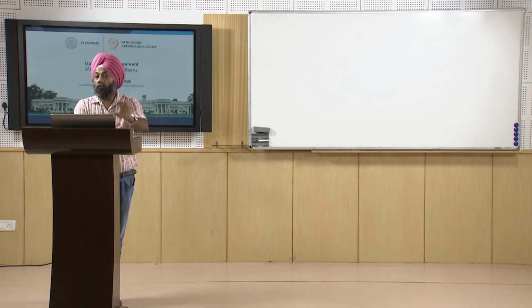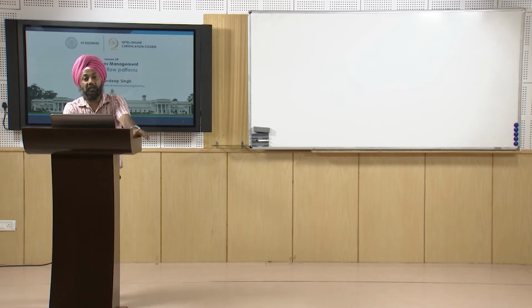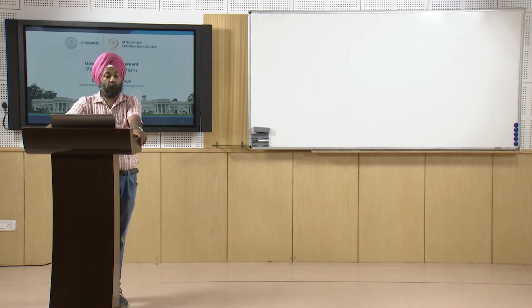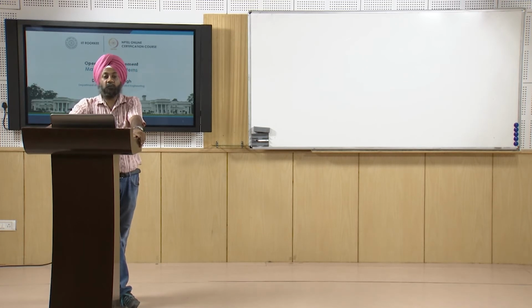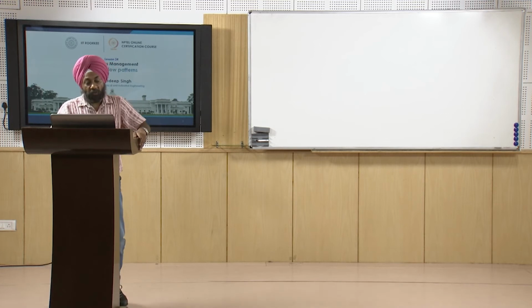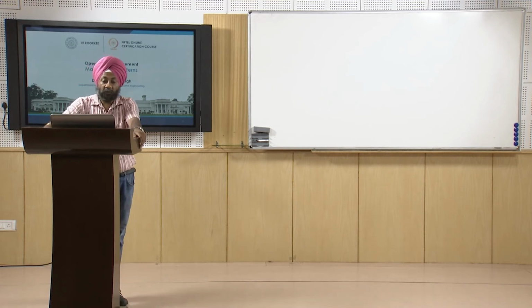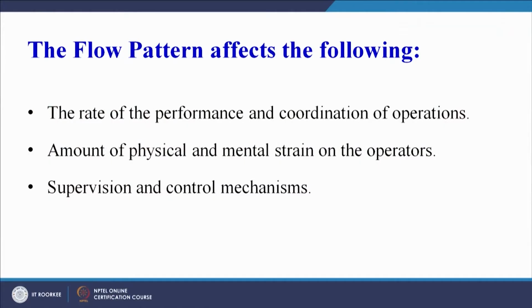So I want to again reiterate the importance of flow lines, and I will read these points again for you. So the flow patterns will definitely affect the material handling cost, amount of work in process, capital and space tied up by the work in process, length of the total production line, the rate of the performance and coordination of operations, amount of physical and mental strain on the operators, supervision and the control mechanisms.